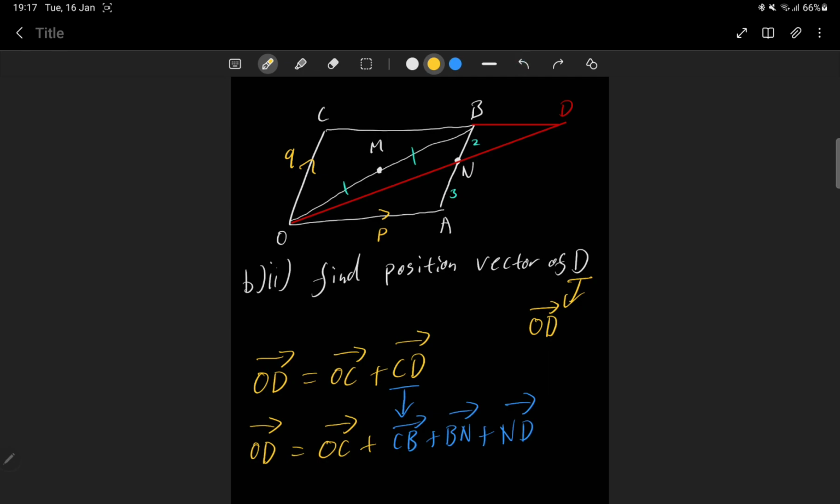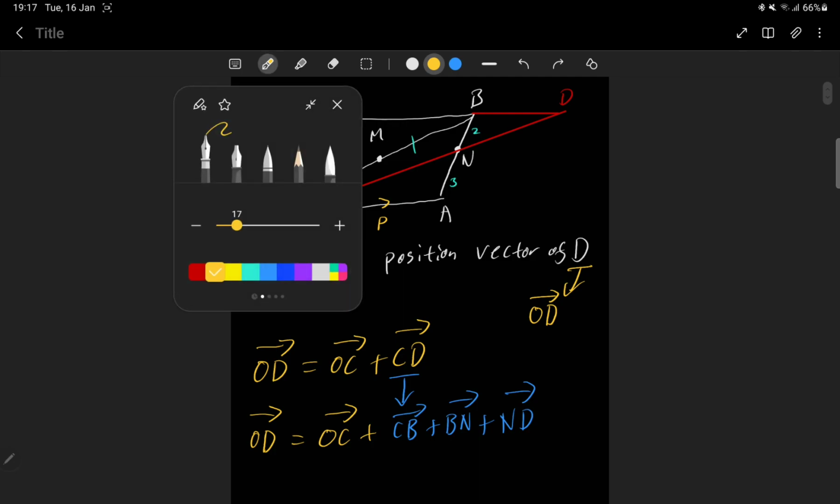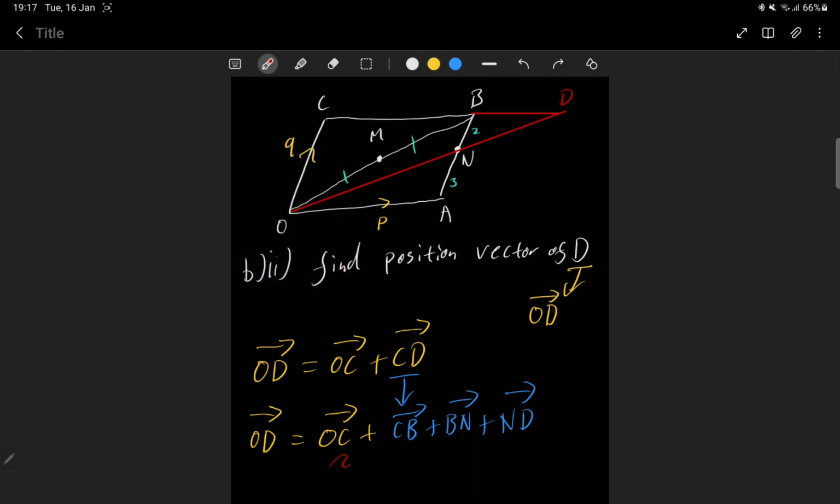Now, the next few bits are quite simple. OC we already know, that's q. Plus CB is, because it's parallel to OA and it's a parallelogram, CB should also be p. BN, now this is where it gets a little bit tricky.